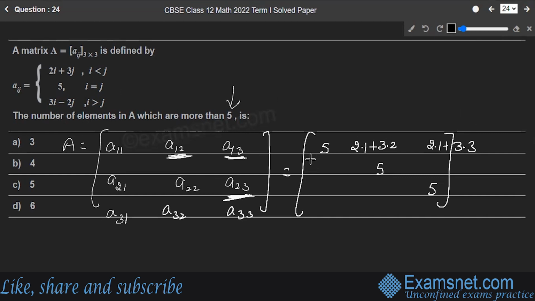And here i is greater than j, these three terms in which i is greater than j. The formula is 3i minus 2j. So 3 into 2 minus 2 into 1, 3 into 3 minus 2 into 1.